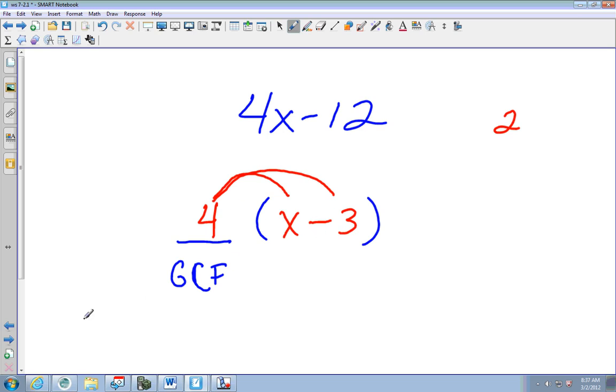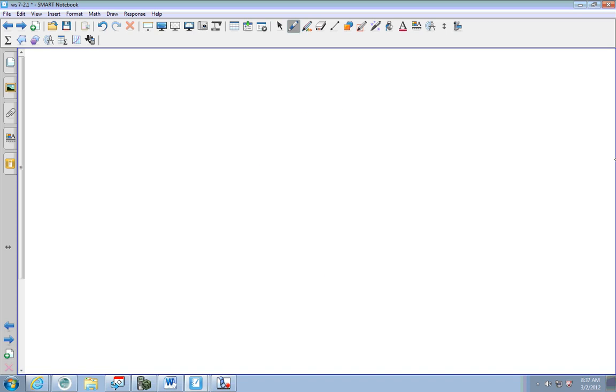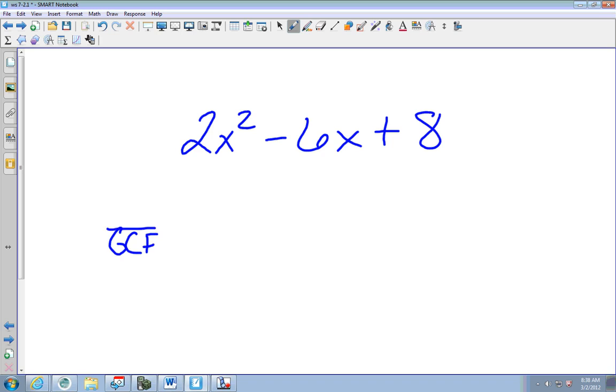What if I did this? Let me see if I can get tricky. This one. Let's pull out a GCF and write what's left. What's the biggest number that goes into all three of these? 2. 2 goes into 2, 2 goes into 6, 2 goes into 8.